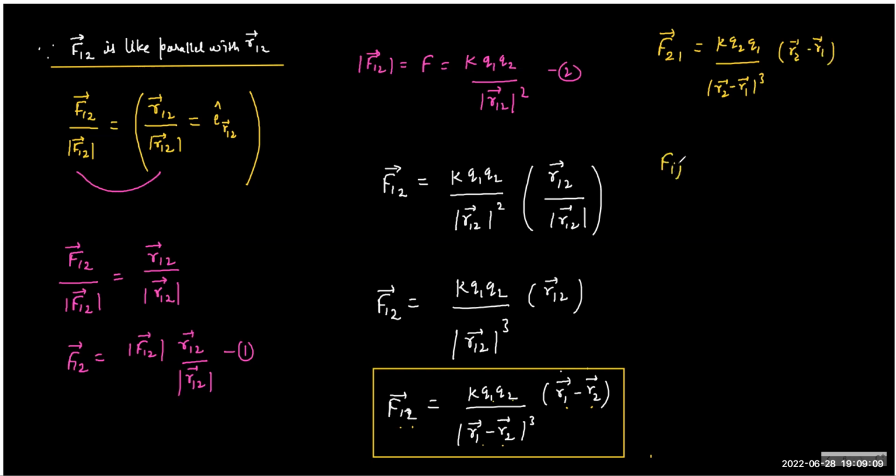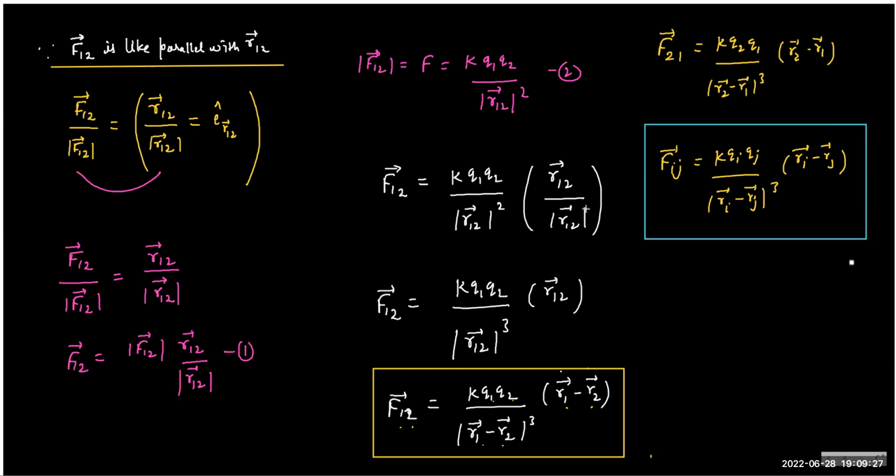So if it is Ij, it will be Ij. I hope this is clear. All right. So I think the vector form is not difficult, but there is a caveat.